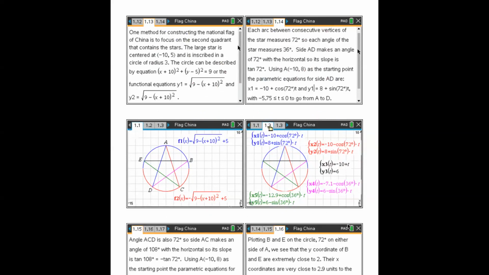And so we know exactly where point A is at the top, and we can measure the angle ADC. That's going to be 72 degrees.